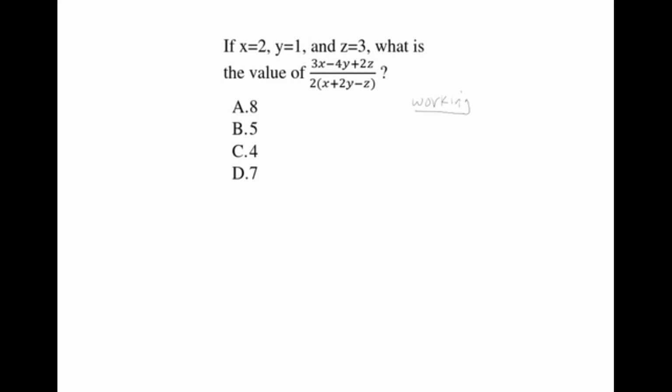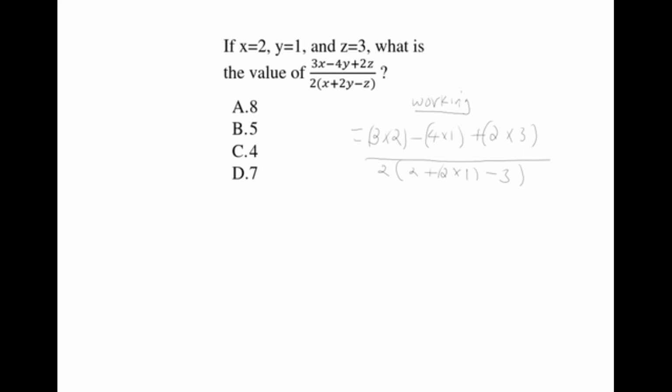We have 3x, the value of x is 2, so we have 3 multiplied by 2, then minus 4y, y is 1, 4 times 1, then we have 2z, z is 3, so 2 times 3, over 2 into x is 2, plus 2y, 2 times 1, minus z, which is 3.